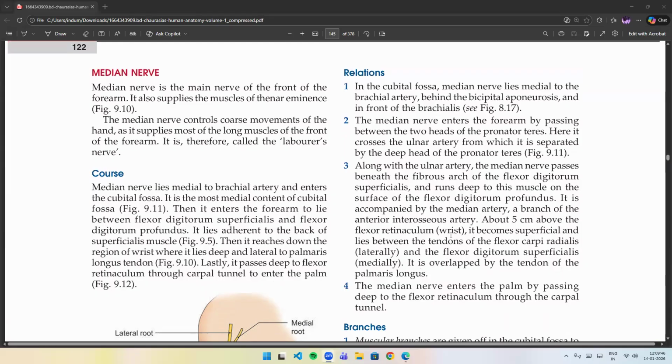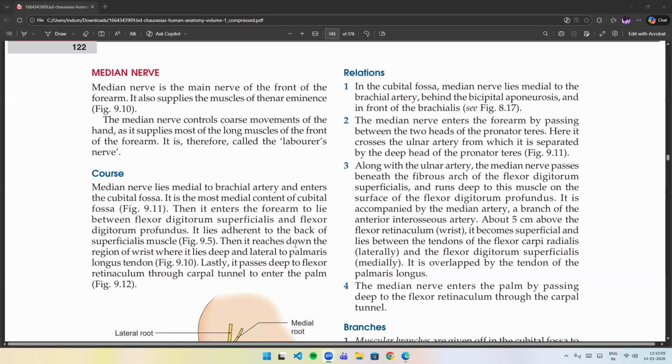Course. Median nerve lies medial to brachial artery and enters the cubital fossa. It is the most medial content of cubital fossa, figure 9.11. Then it enters the forearm to lie between flexor digitorum superficialis and flexor digitorum profundus.